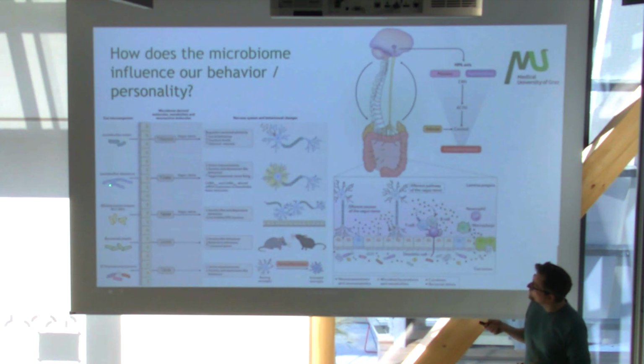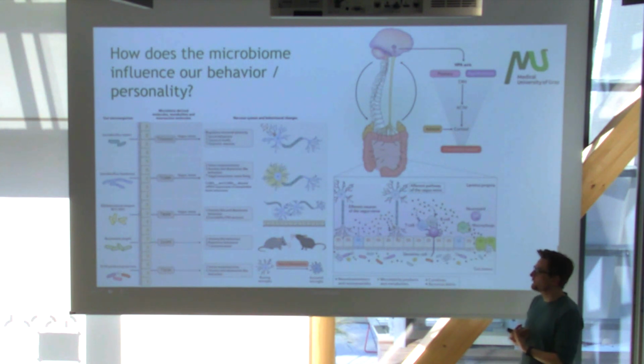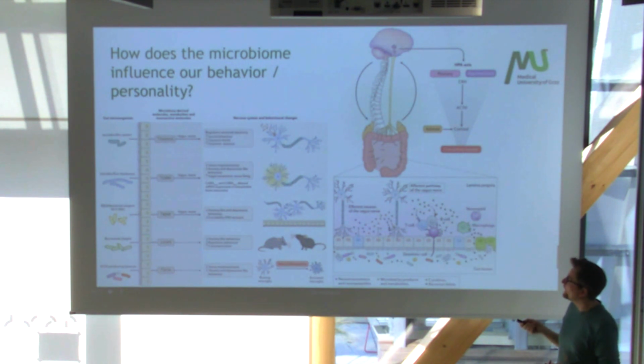So here you have different microorganisms, and they can secrete metabolites that have neuroactive regulation functions. It could be oxytocin that increases the social behavior of mice, since most of these studies are based on mice, or gamma-aminobutyric acid that can reduce anxiety or depression, for instance.